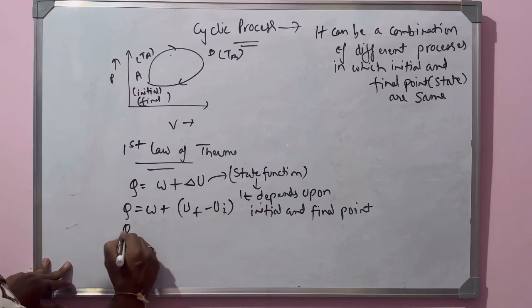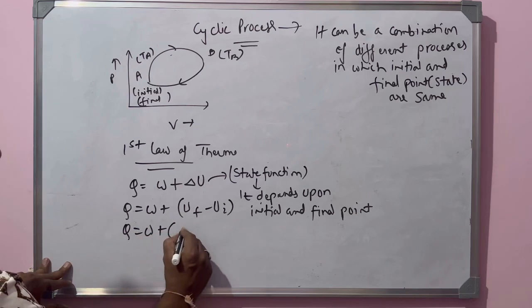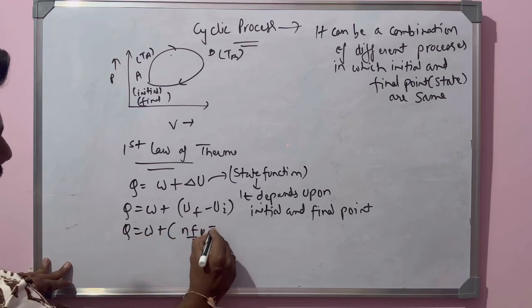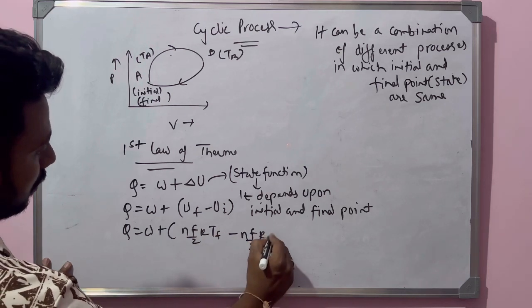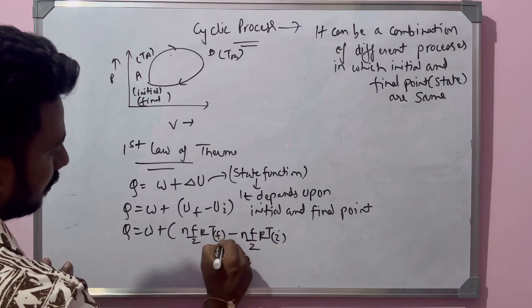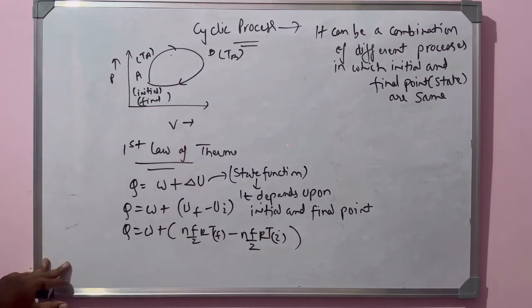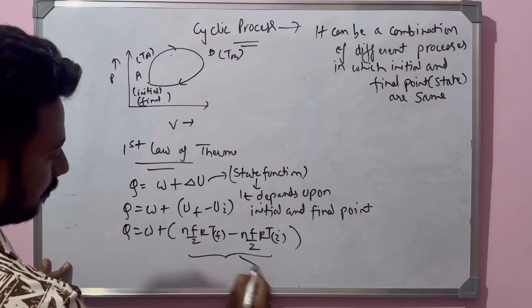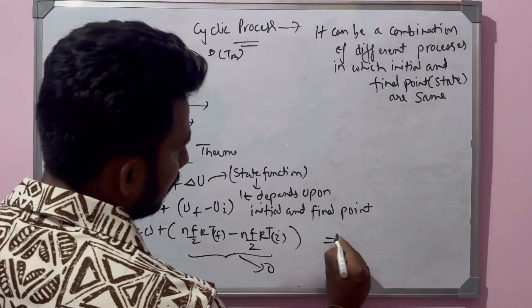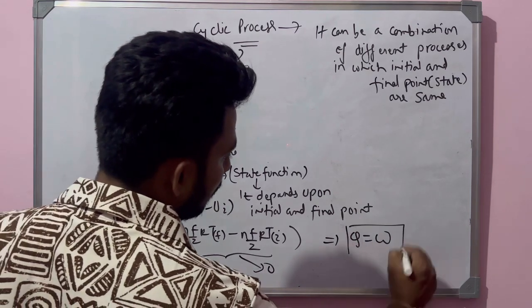Final internal energy you can write as nf/2 RT final, and initial as nf/2 RT initial. Now the initial temperature and final temperature are the same, so this term will be 0. So basically Q is equal to work done.